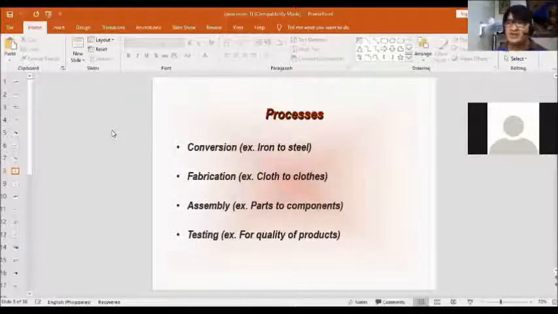So testing is also a process. Siguro in your project maybe there are a lot of tests na ginamit kayo. It could be white box testing, gray box, black box testing, acceptance testing, and so on and so forth. So these are just some examples of processes.